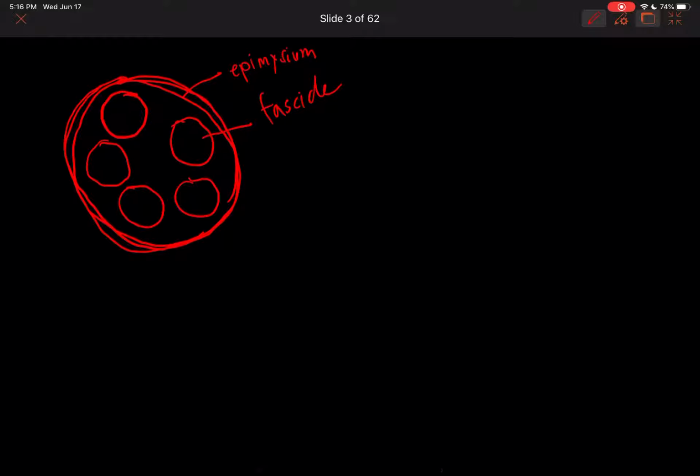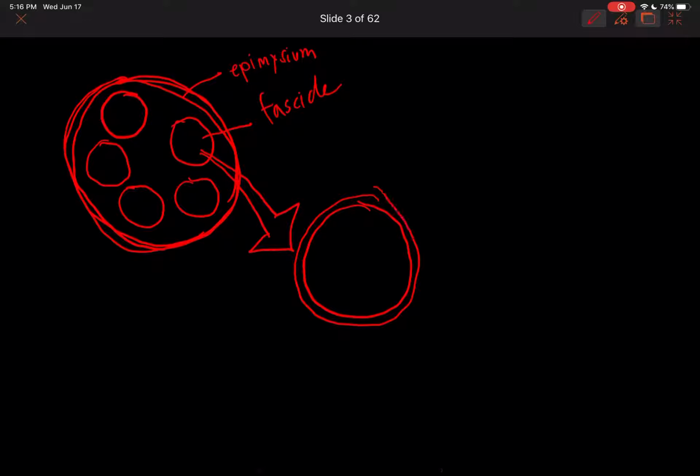And if we zoom in to that fascicle, then we get one circle of the fascicle, and around each fascicle there is another layer called perimysium. And you have muscle fibers within each fascicle.